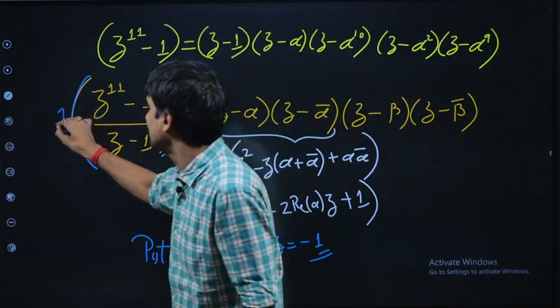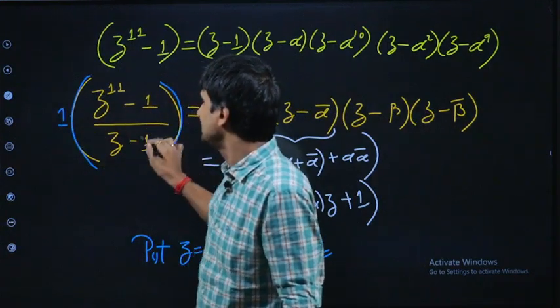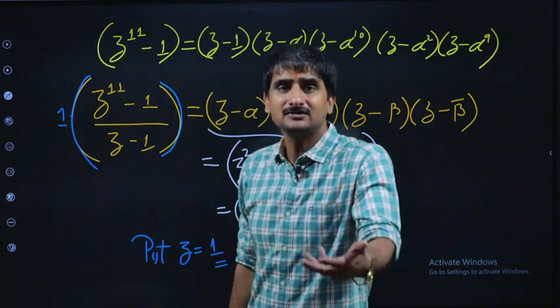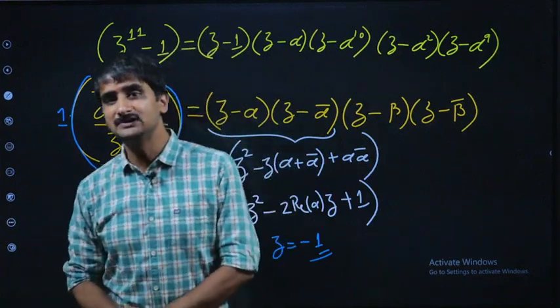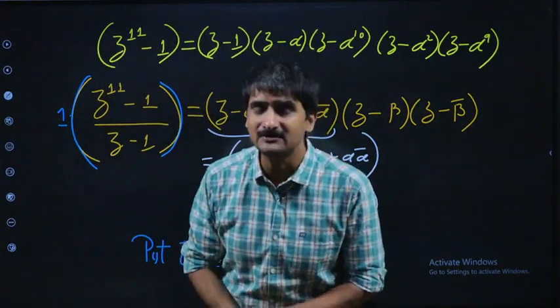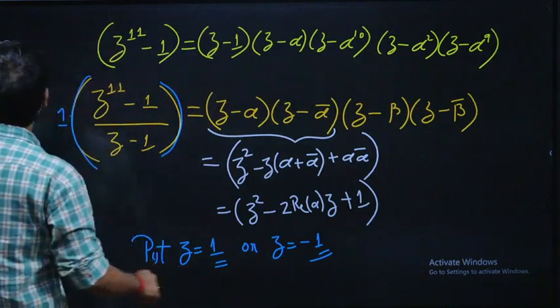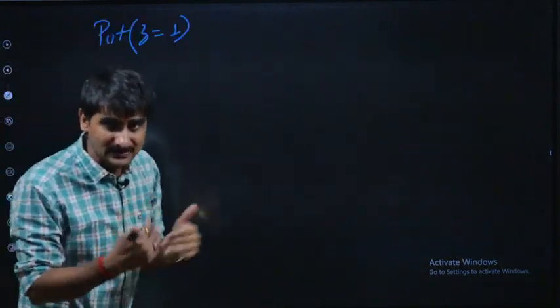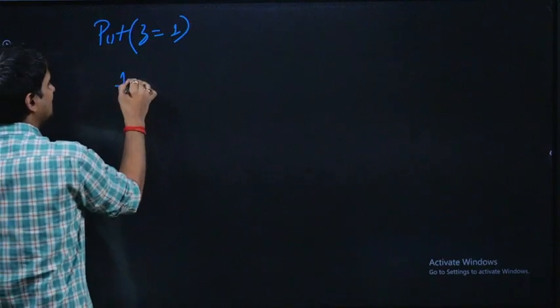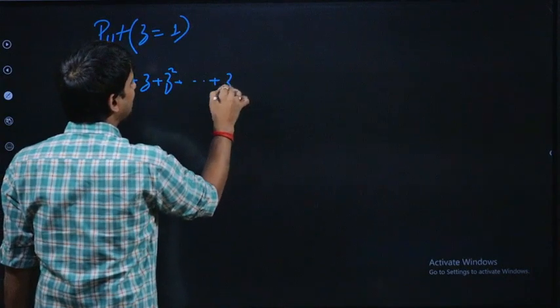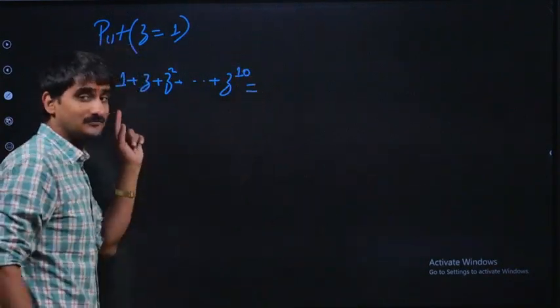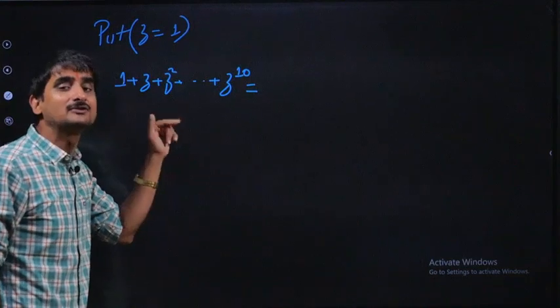It represents the sum of 11 terms of a GP whose common ratio is z and first term is 1. So we can remove that 0 by 0 part. How? I will write it as 1 plus z plus z square and so on up to z to the power 10, isn't that so? First term is 1, the total number of terms is 11 with common ratio z.